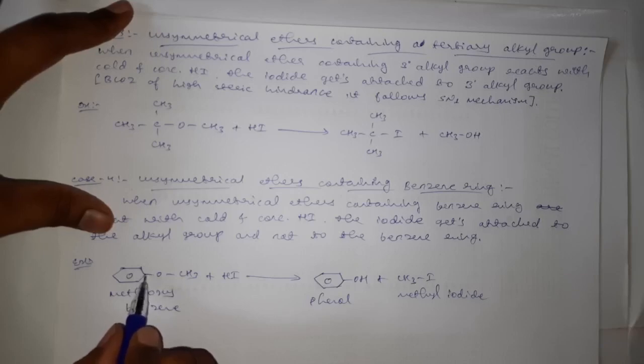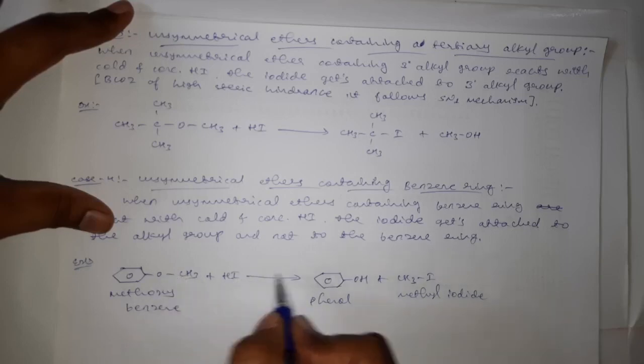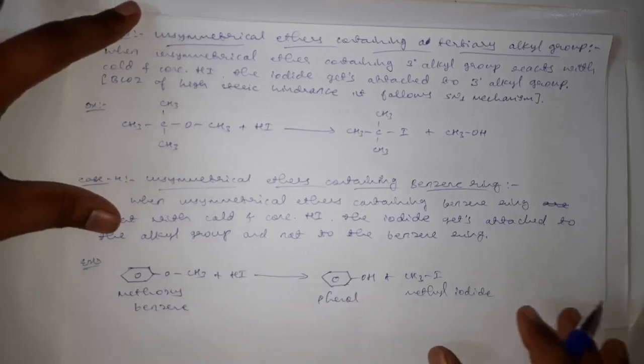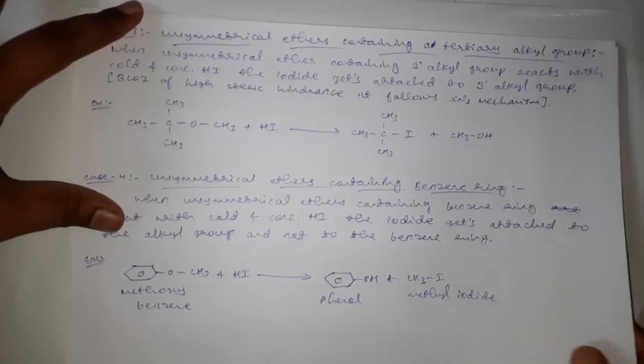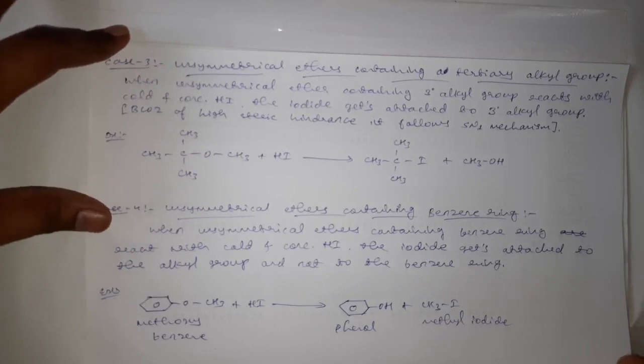That's why it is very difficult to break. Therefore it is easy to break the bond between oxygen and methyl group, and the methyl will get attached to iodide. These are all the reactions of ethers with cold and concentrated hydroiodic acid.